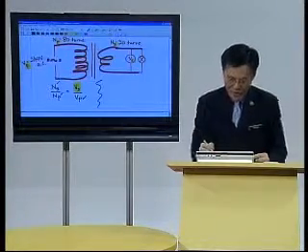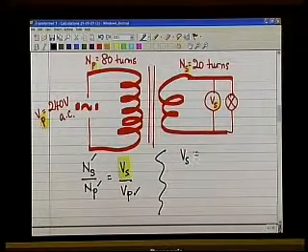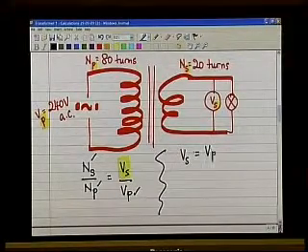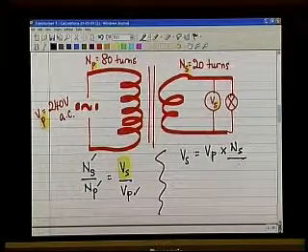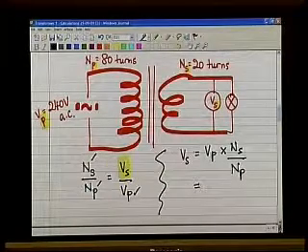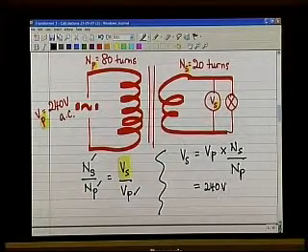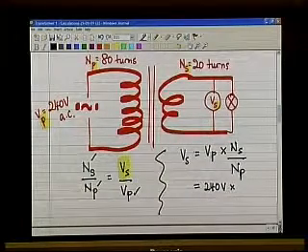I'll just do it on the right hand side here. Now, Vs will give me Vp multiplied by Ns divided by Np. And what is Vp? 240 volts. Alright, multiplied by Ns.